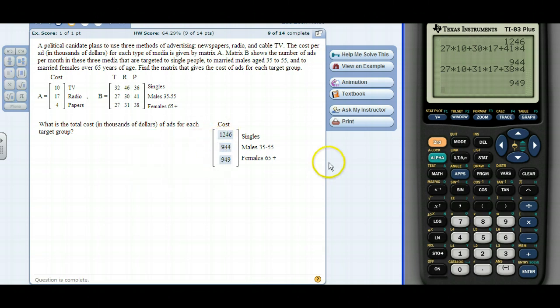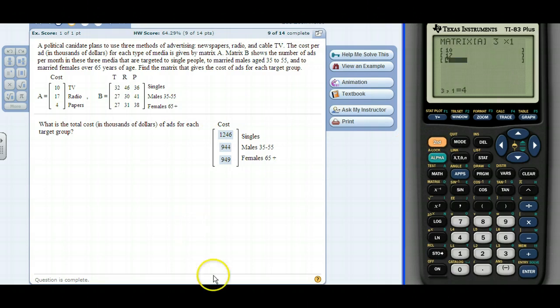Now, what I also want to show you is that's no different than if I filled these out as matrices. There's matrix A. Quit, come back in, edit matrix B. So there's matrix B, a 3 by 3. Now, what did we do? Look back at all those multiplications: 32 times 10 plus 46 times 17 plus 36 times 4.